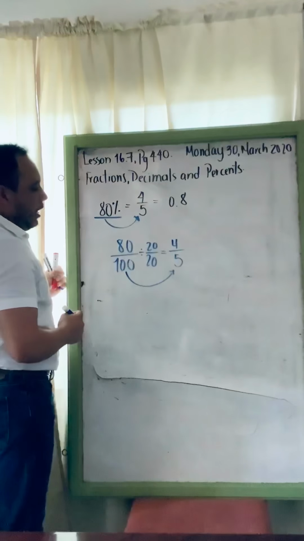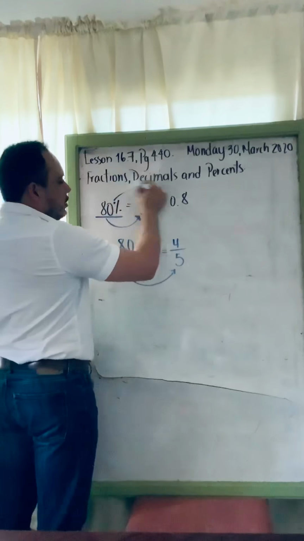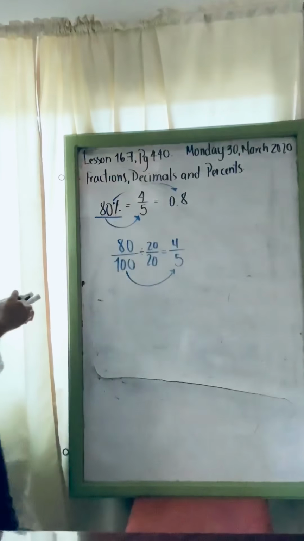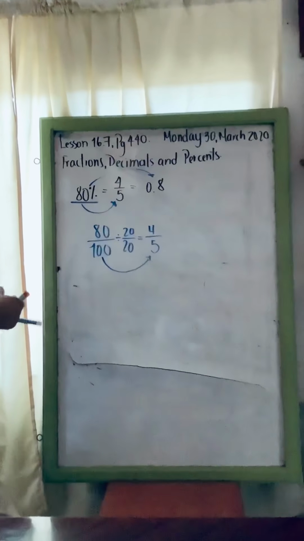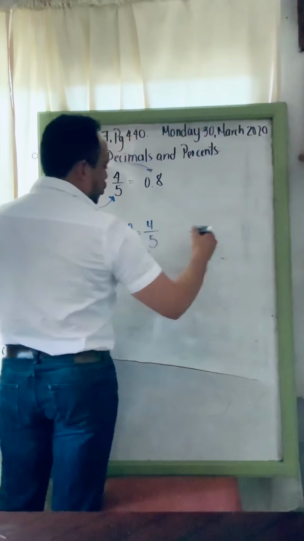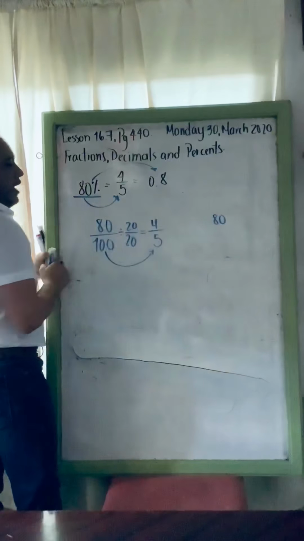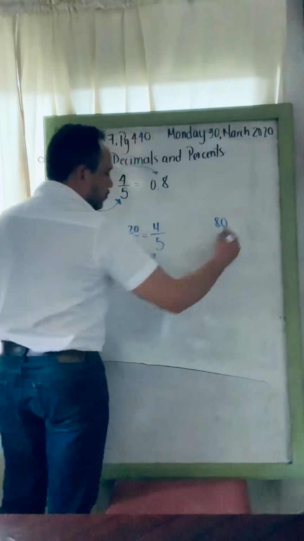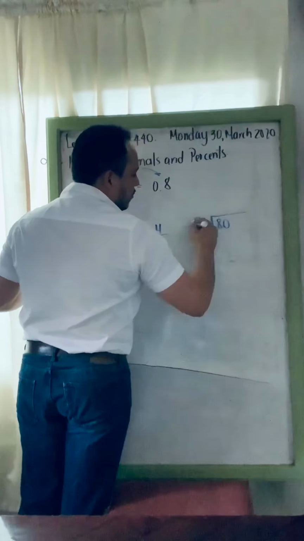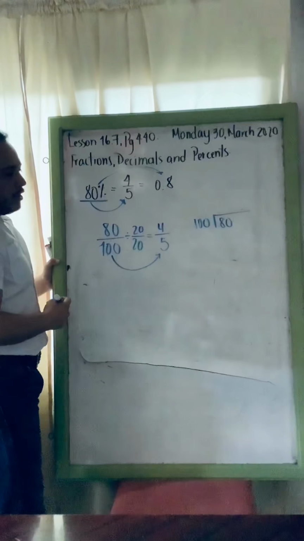Okay, now how can we go from 80% to 0.8? Well, that's a very simple thing. You only need to do the division of 80, and as I said, percent is always out of 100. So that will be 80 divided by 100.